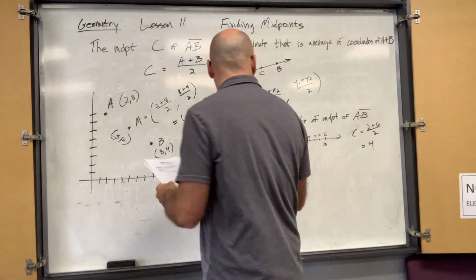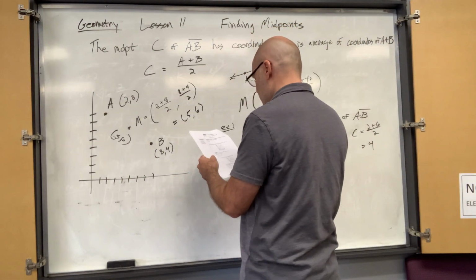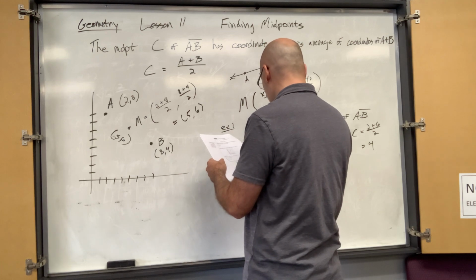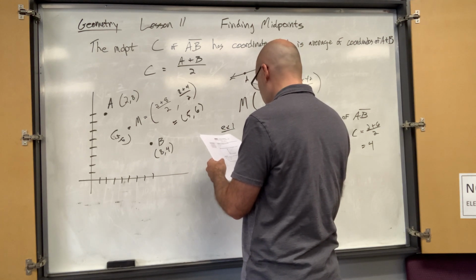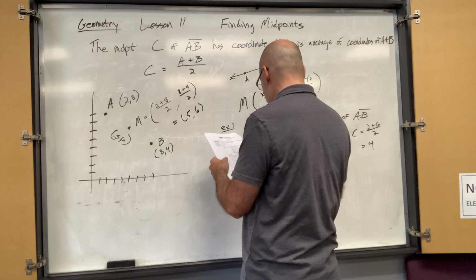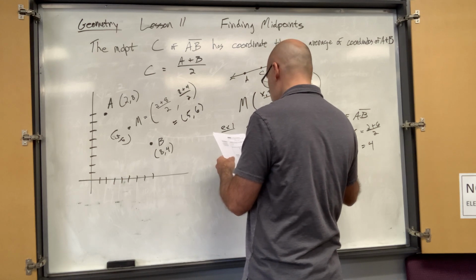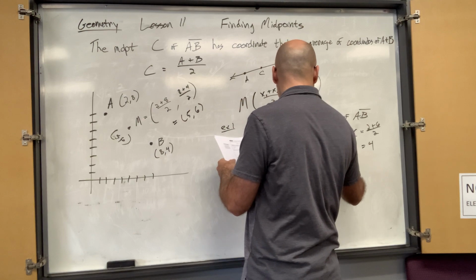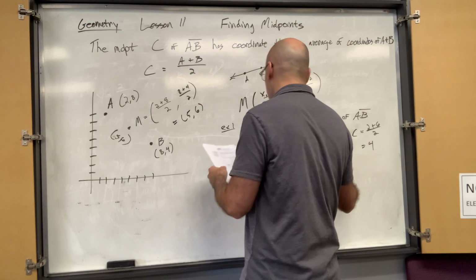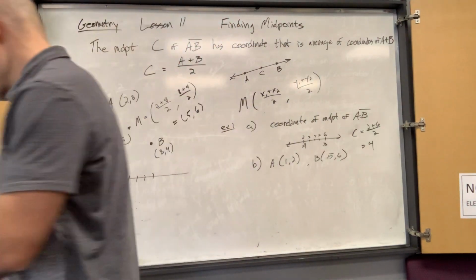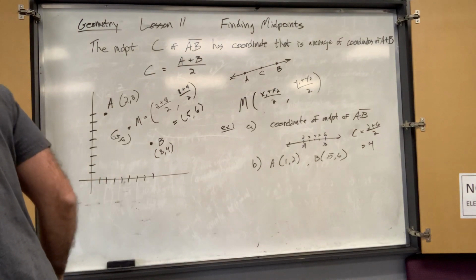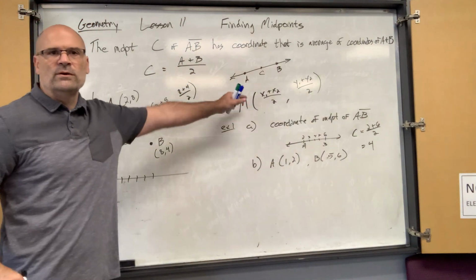Okay, now find the midpoint of this guy. Find the midpoint of AB, but A is 1, 2, and B is 5, 6. Now you could graph it and then see where it ends up on the graph if you wanted to, or you could just throw it into that midpoint formula.